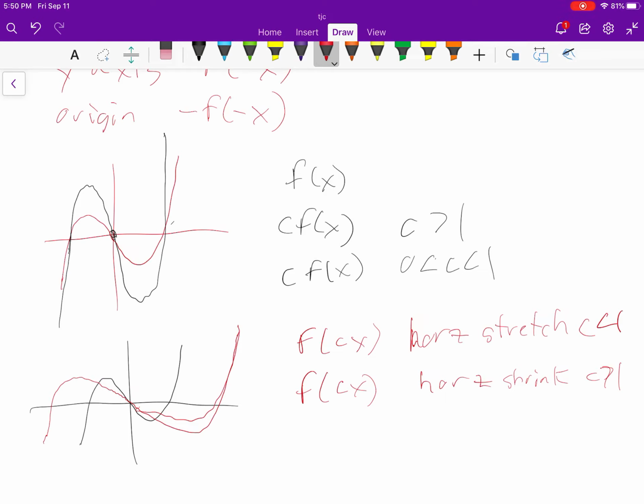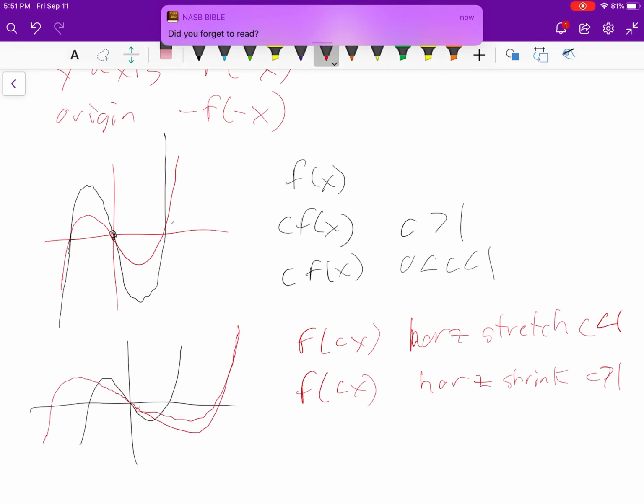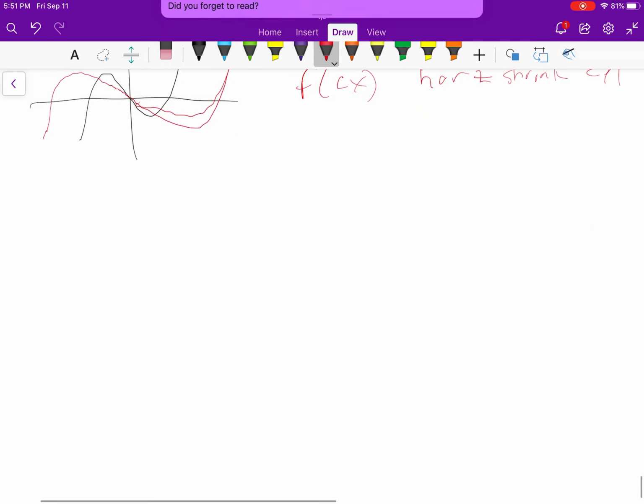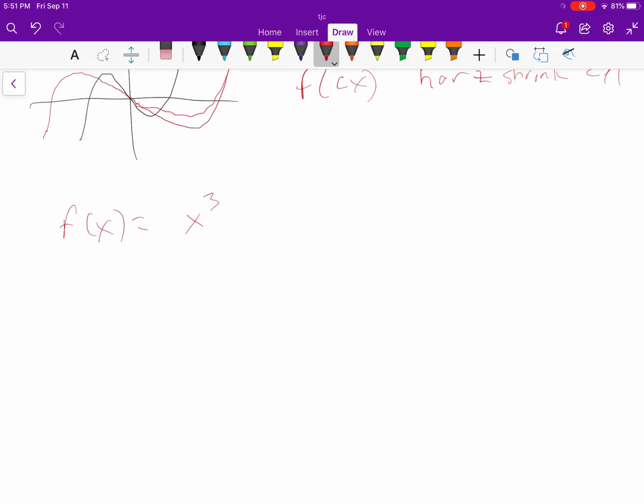And those are your basic translations they're going to deal with. For the most part in the homework, we're only going to be dealing with vertical stretching. They're not going to do much horizontal. And they're mostly going to be dealing with take a function and move it vertically or horizontally. So mostly what you're going to be doing is you're going to have some function f of x equals, say, x cubed, and I say, can you move this up 5 to the left 3?